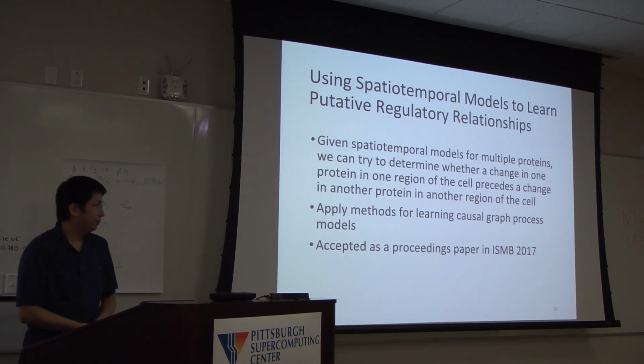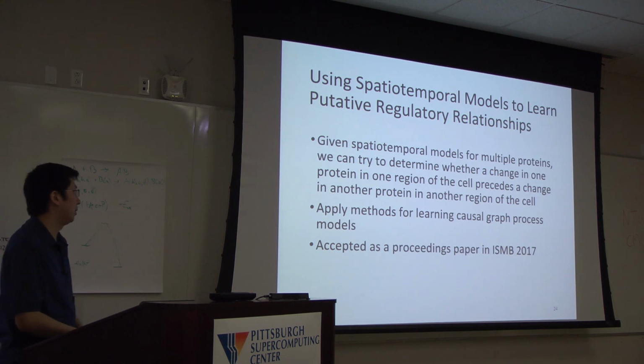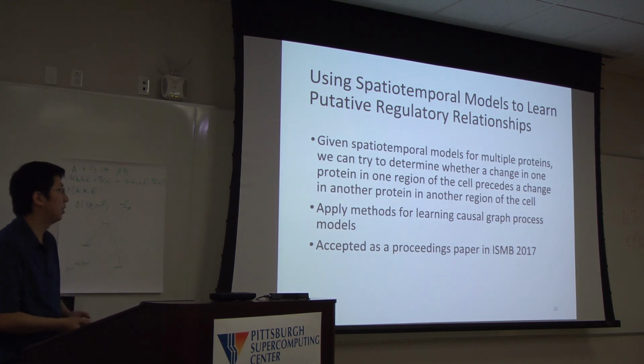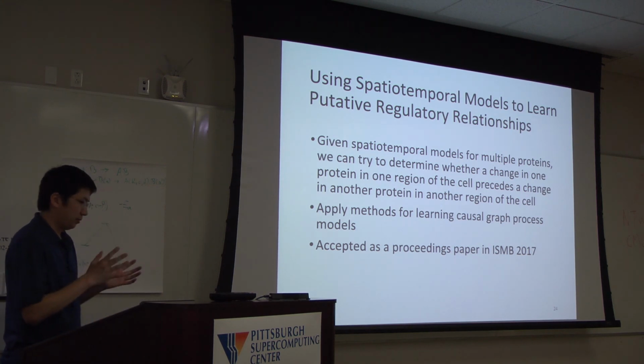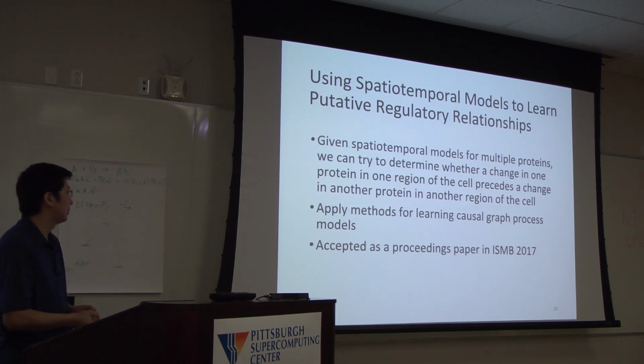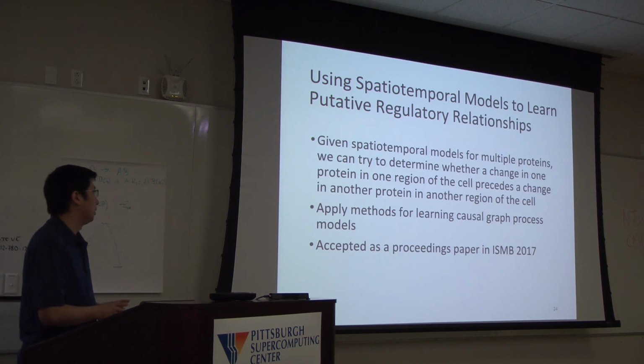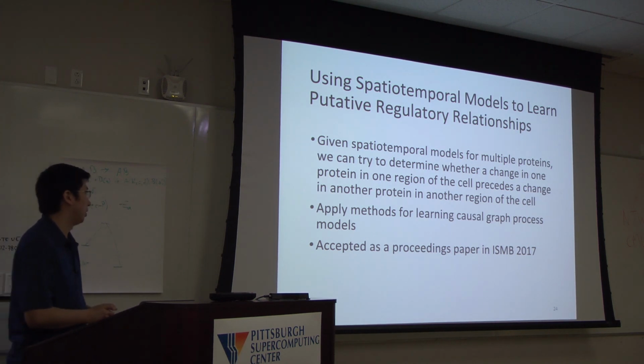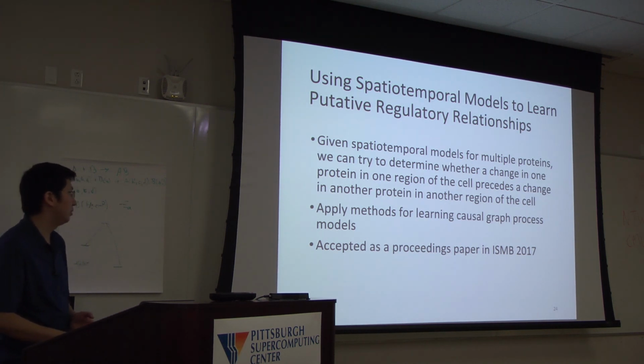And we apply some methods to learn this kind of relationship. It's basically a causal analysis, and we have published some of the results as a proceedings paper in ISMB this year.